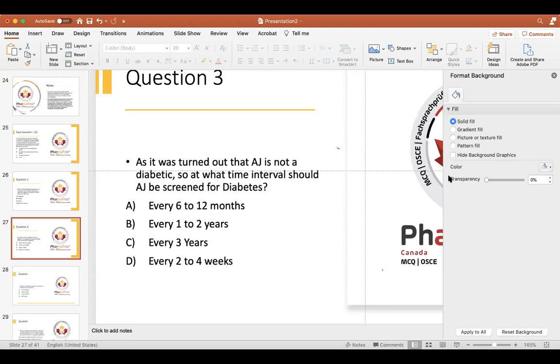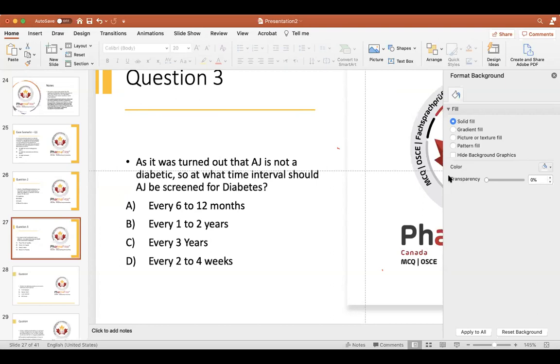If there is no risk factor, it's a question of age. If he's above 40, we screen him every 3 years. If he's below 40, no screening is needed for diabetes if there is no risk factor.